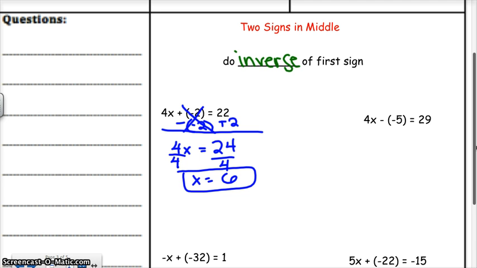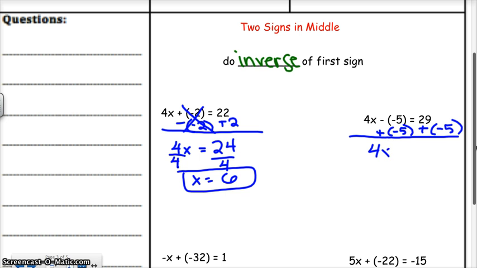Four x minus a negative 5 equals 29. I'm just going to do the inverse of that first sign. What's the inverse of minus? Plus. So I'm going to plus a negative 5 to both sides. That got rid of this. If I was minusing that negative 5 and then I add it, that ended up canceling it out.